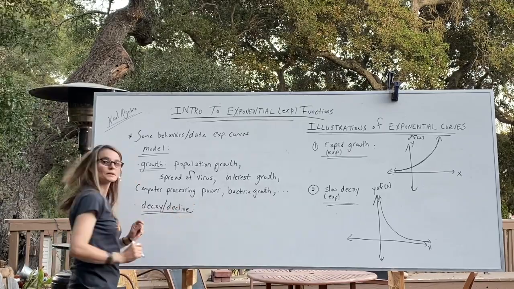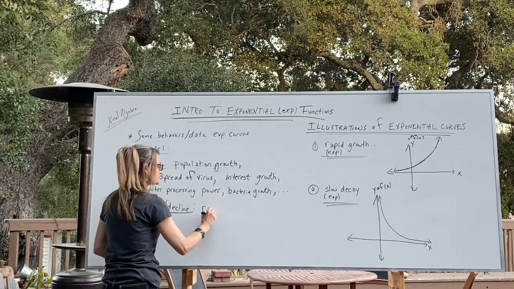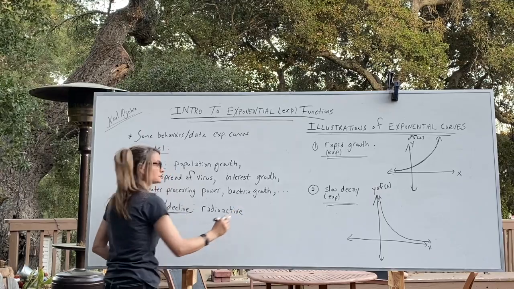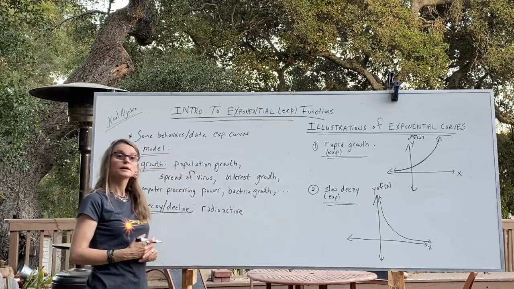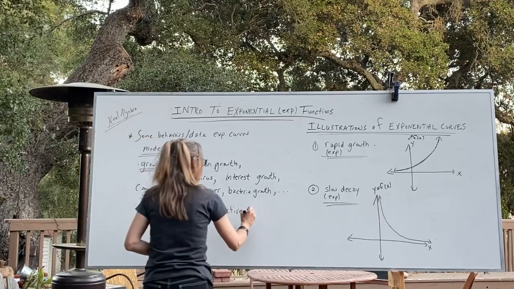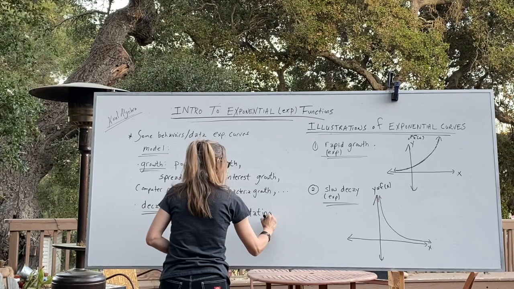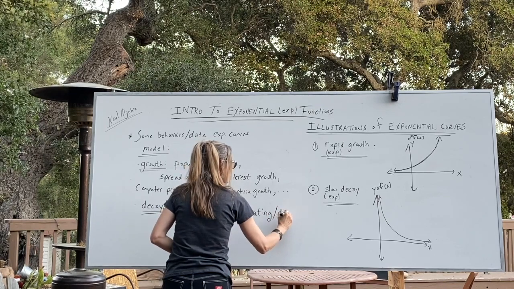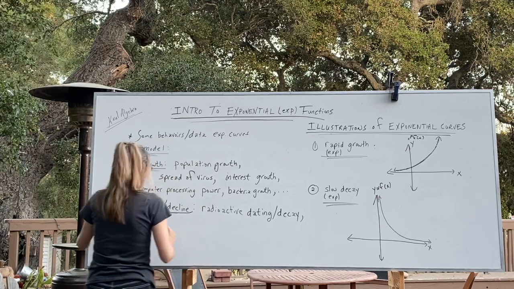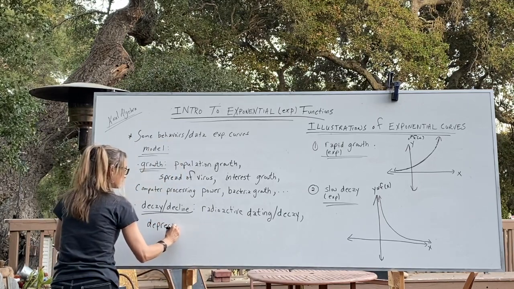My favorites are looking at radioactive decays. One of the milestones in science, because it allowed us to date and understand nuclear processes. So lots of good information there. Radioactive dating, radioactive decay. We also have depreciation and interest, depreciation in value.